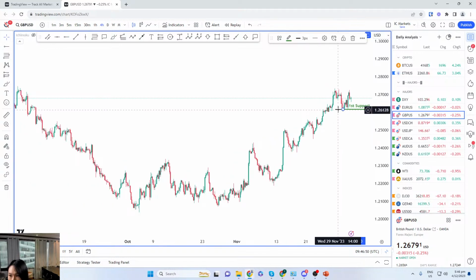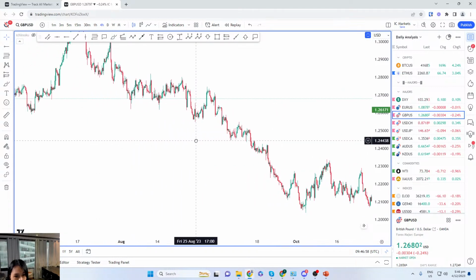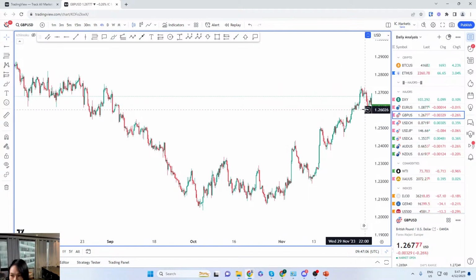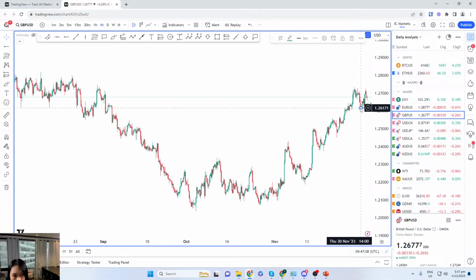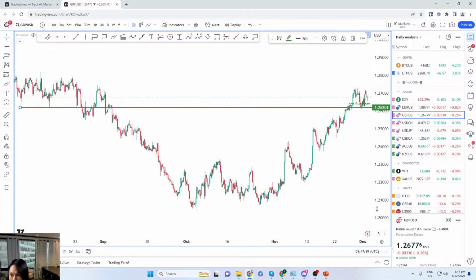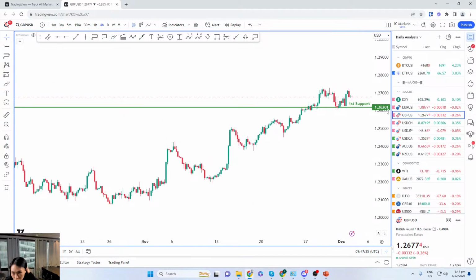Let's see if I can try to connect more wicks. So this level, the 1.262 level, will be my first support line.